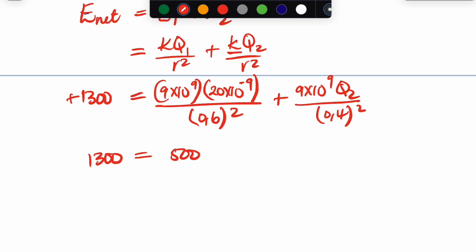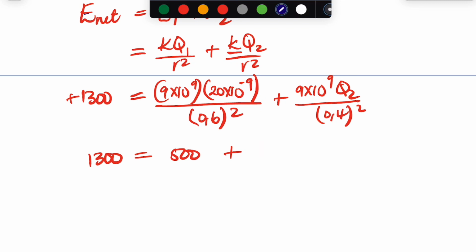Let me punch it quickly. On my calculator, 9 times 10 to the power 9 divided by 0.4 squared. It's going to be 5.